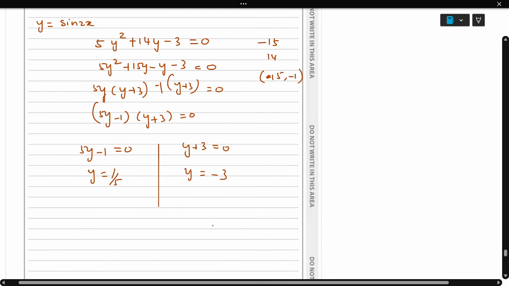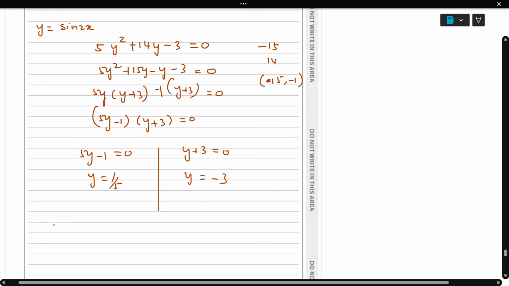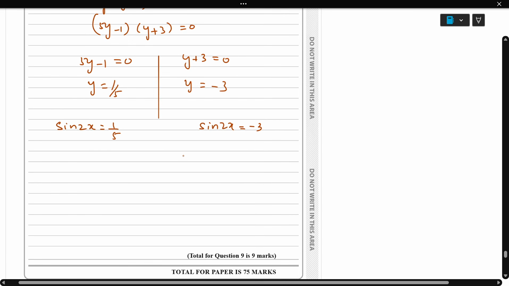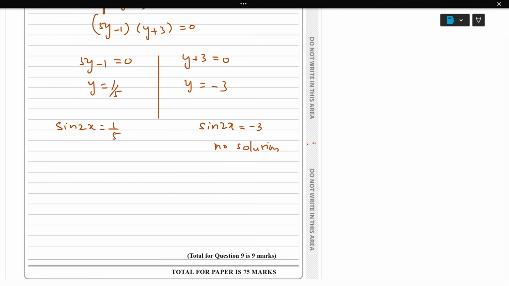We need to substitute back y equal to sin 2x. So sin 2x equals 1/5 and sin 2x equals negative 3, which is not valid. This gives no solution, because the sine value is always between minus 1 and plus 1.